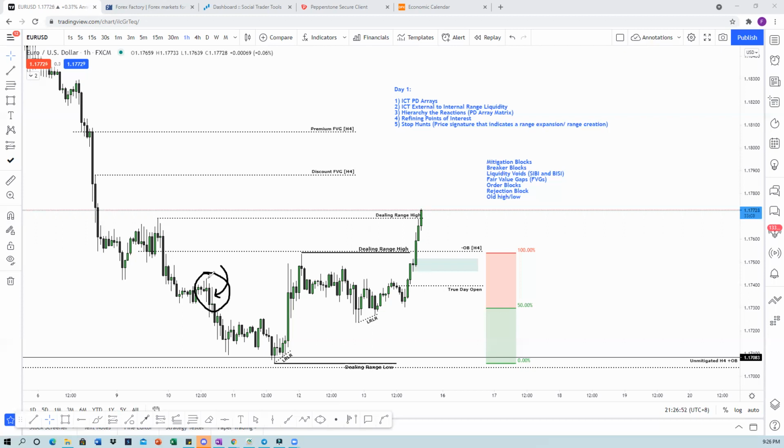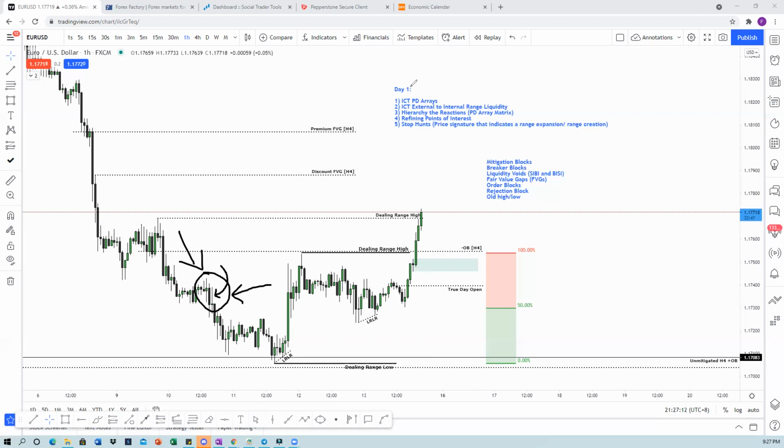So if it closed in this liquidity void and tapped this bearish order block as well, price would never stop here again, because this portion of price has already been mitigated.